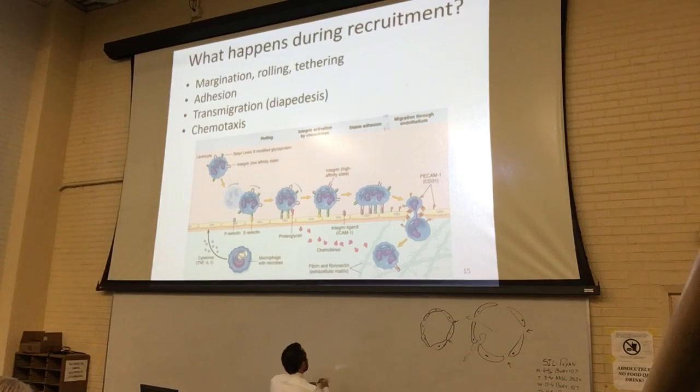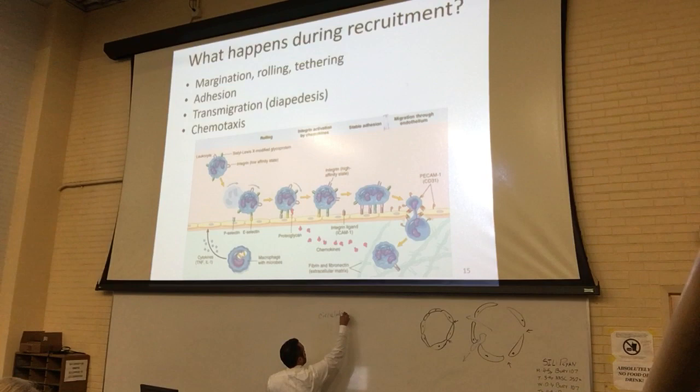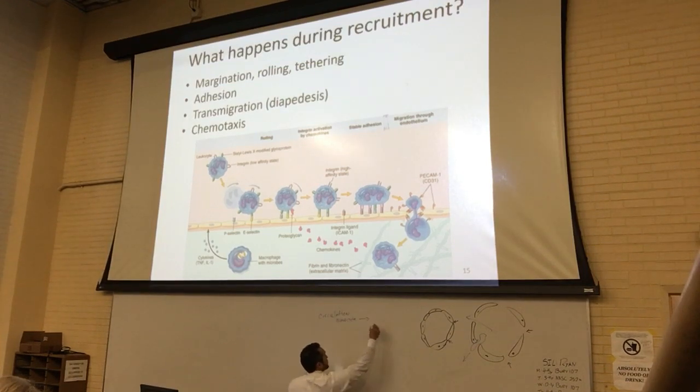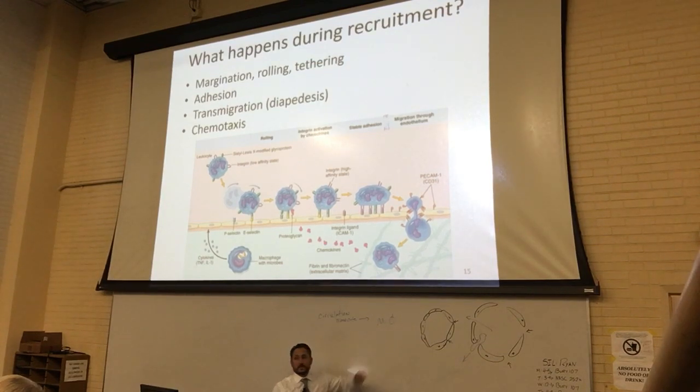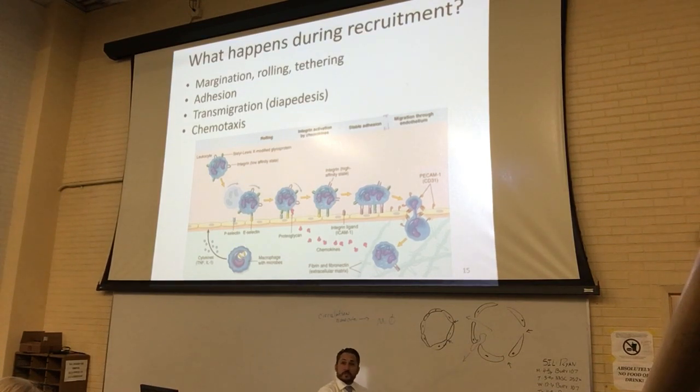So what we need to say is a circulating monocyte will turn into a tissue macrophage. You guys remember this cool tattoo? All right? So that's where you get tissue macrophages. You get them from circulating monocytes.